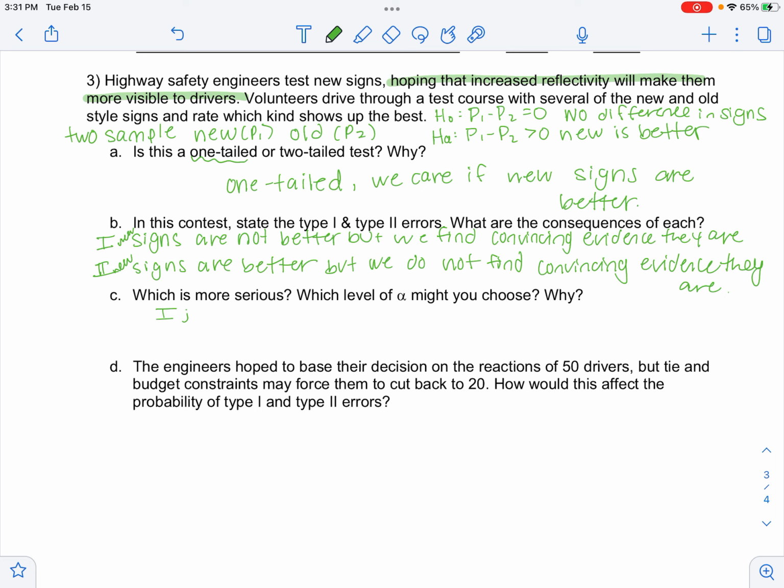Now, which level of significance might you choose and why? Well, if I think that the first type of error, type 1, is more serious, then I want to decrease the probability that I make a type 1 error. So I would choose a smaller significance level in order to decrease the probability of a type 1 error.